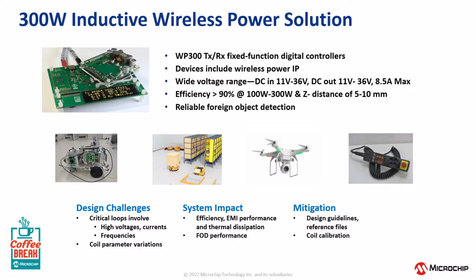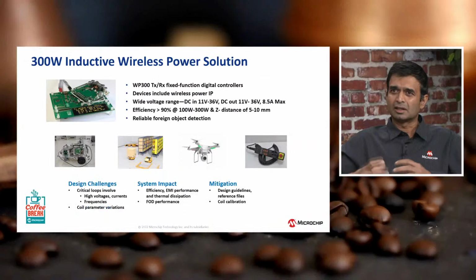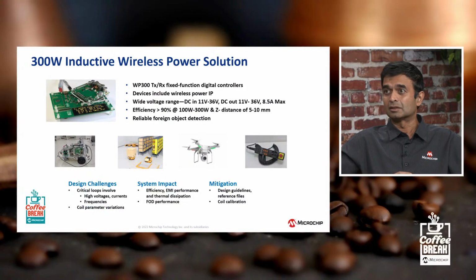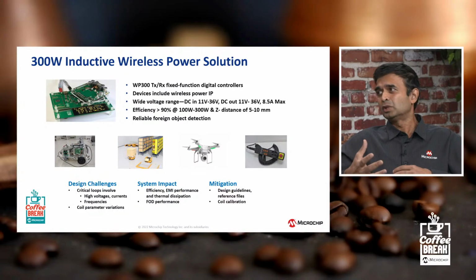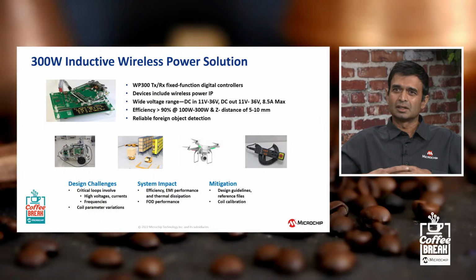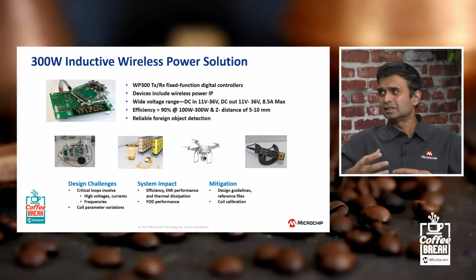Also, with custom coils here, there are a lot of coil-to-coil parameter variations in a production environment, which can really impact things. For the coil-to-coil variation, the FOD performance and tuning get impacted because of the variations. And of course, things like the efficiency and EMI performance all have to be really well maintained in a design like this.